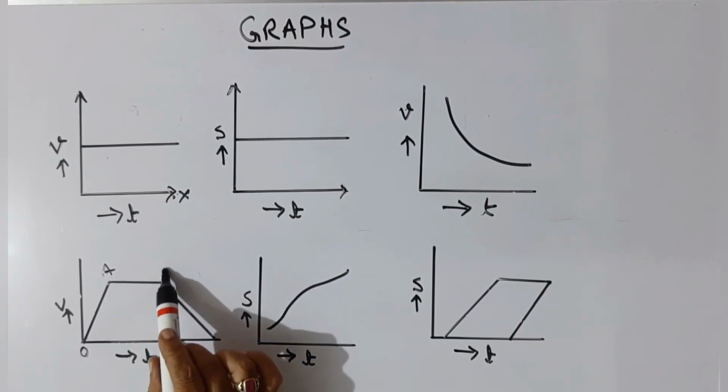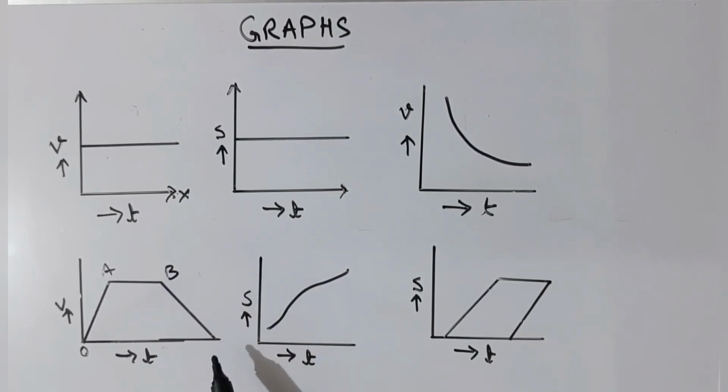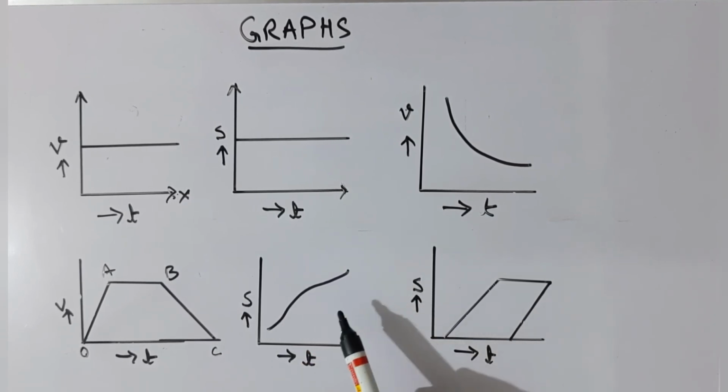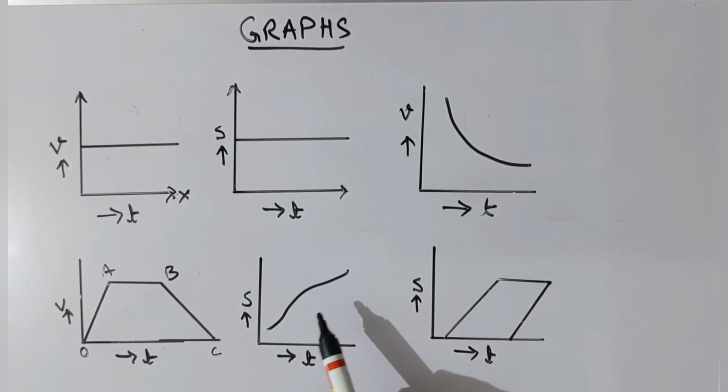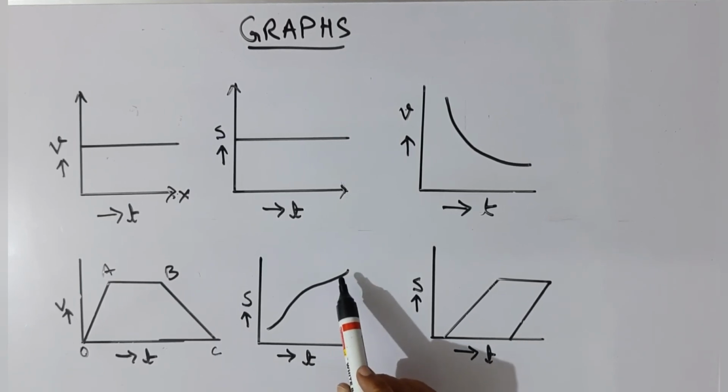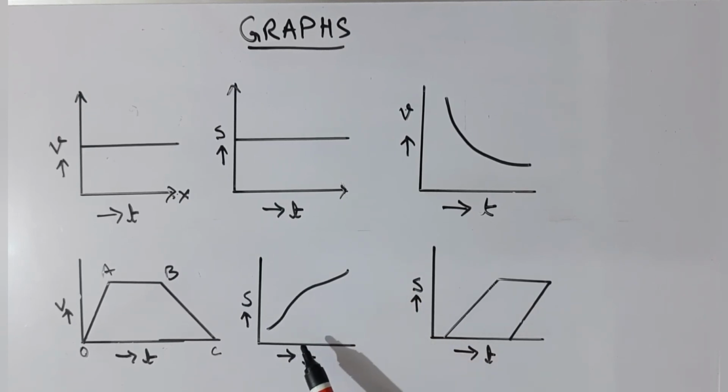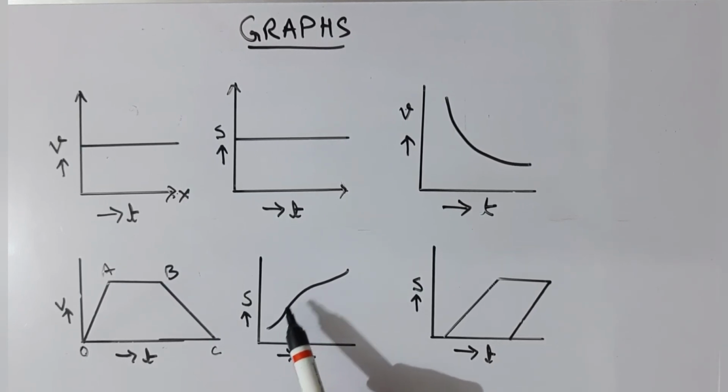Then from point A to point B, the speed is constant and then it starts decreasing until at point C it becomes 0. Here we have a distance time graph which is not a straight line. It is a curve and that is also not a well-defined curve. So it is a case of non-uniform motion. We cannot find the velocity as a constant quantity here.